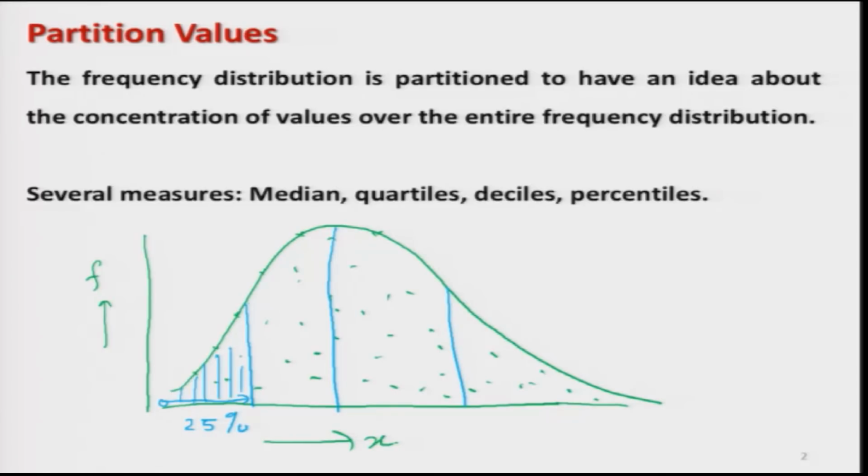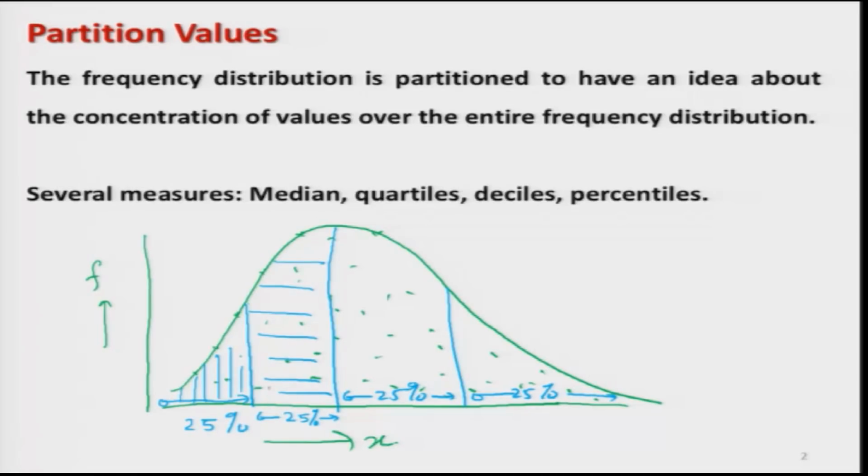Similarly, from here to here, this covers another 25% of the frequency, and this is also 25% of the total frequency, and this is also 25% of the total frequency.